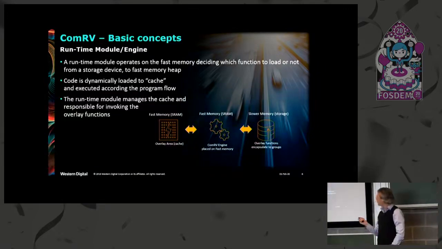And then it decides what to load into the fast memory, the SRAM. We call it a cache area or a heap. And this is where the code is running according to the running flow. The main engine workload is to invoke the overlay calls and also to decide what to evict and what to load.